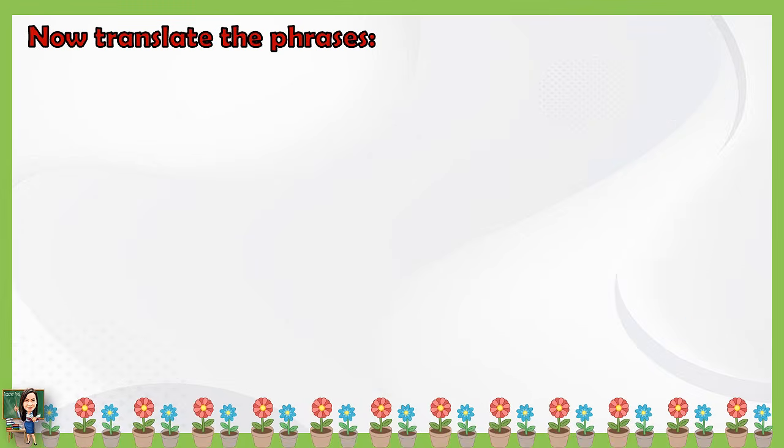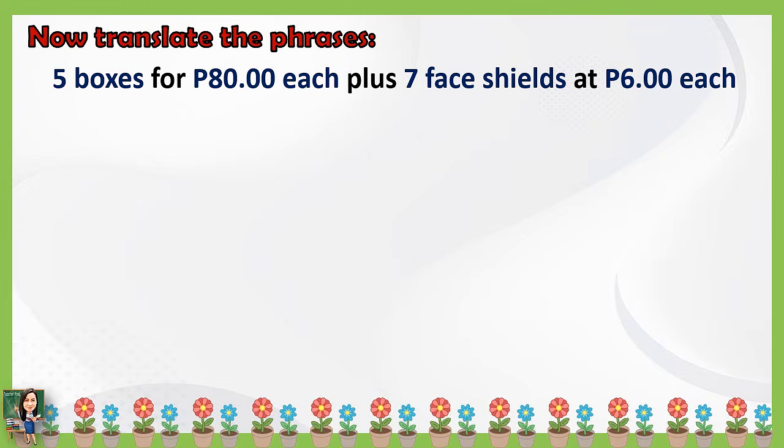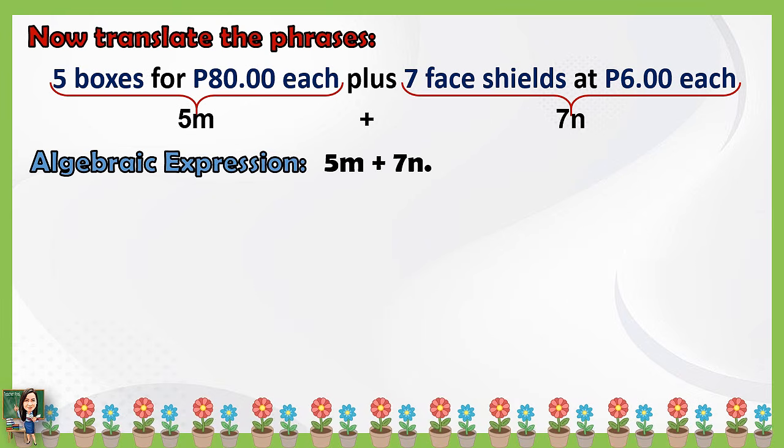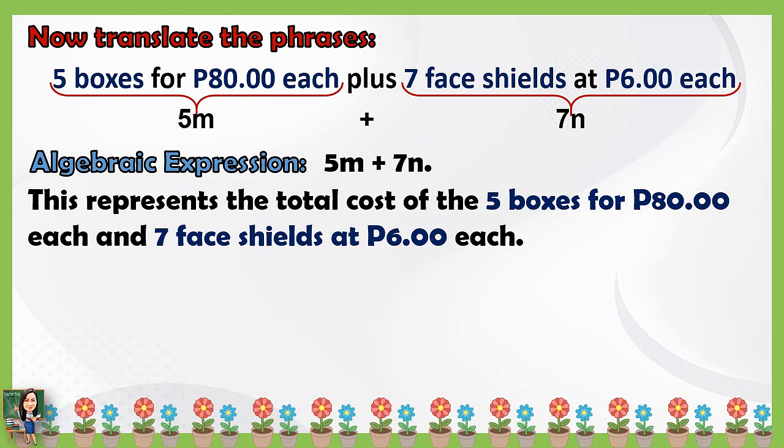Now, translate the phrases. 5 boxes for 80 pesos each plus 7 face shields at 6 pesos each. 5 boxes for 80 pesos each is 5M, plus 7 face shields at 6 pesos each is 7N. The algebraic expression is 5M + 7N. This represents the total cost of the 5 boxes for 80 pesos each and 7 face shields at 6 pesos each.